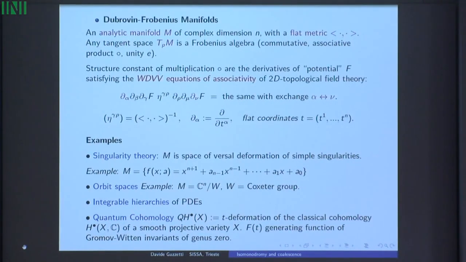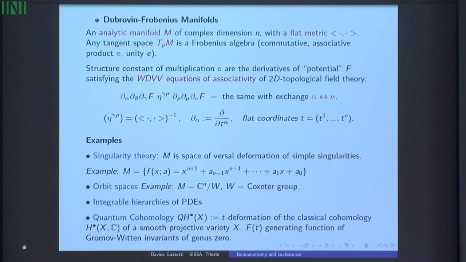Namely, you take a variety X and the cohomology with the usual cup product, and then you do a deformation of this product. The deformation is a product which depends on deformation parameters t, and the multiplication is generated by the third derivatives of this function.